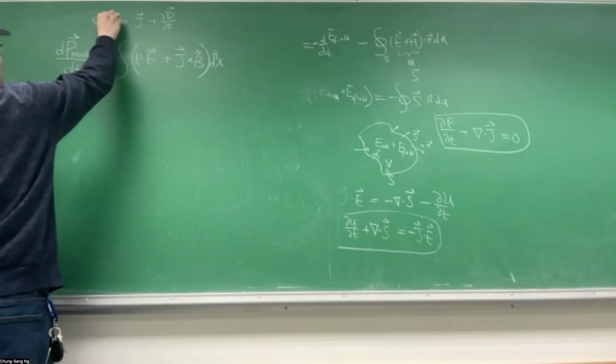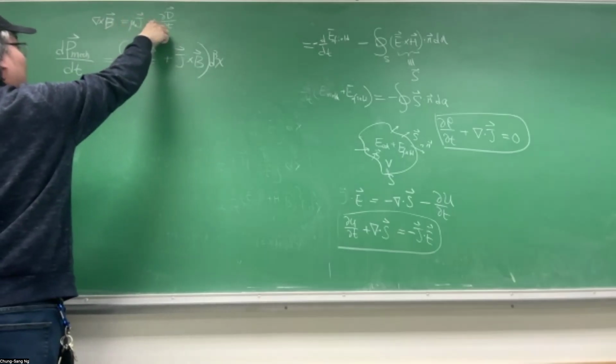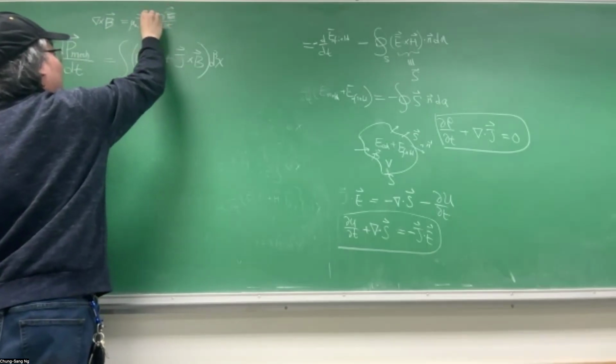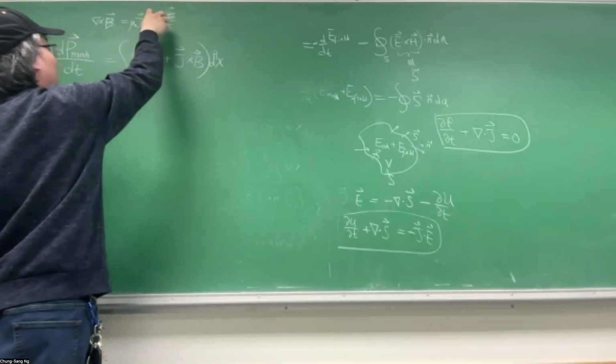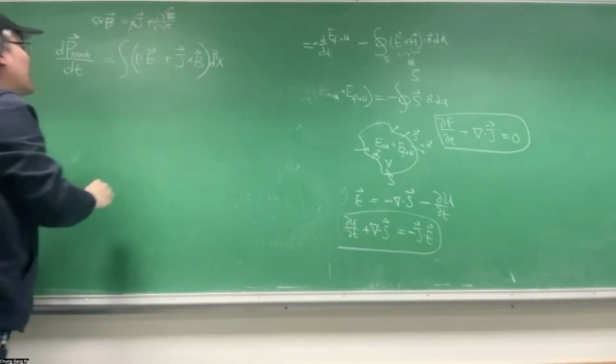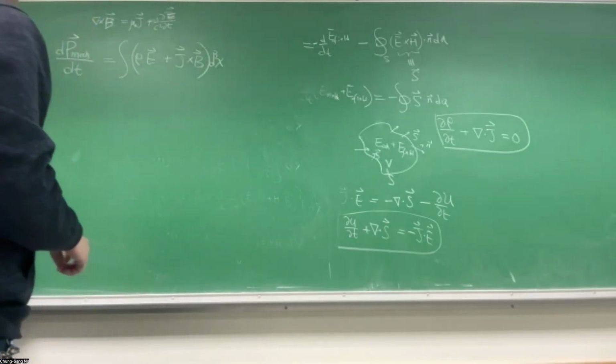Sometimes you write D here and multiply by mu zero, and D is epsilon zero times E. And then you have epsilon zero times mu zero, which is 1 over c squared. This is the microscopic Ampere's law.